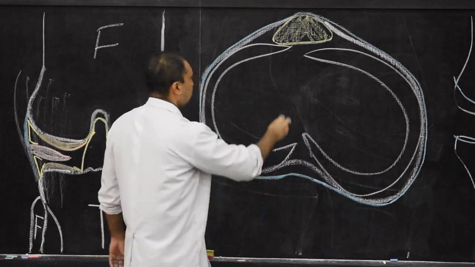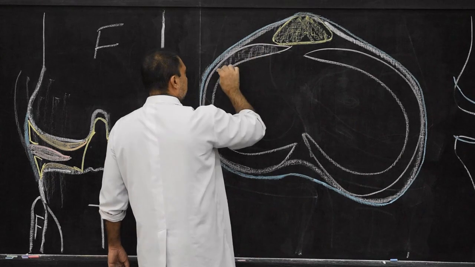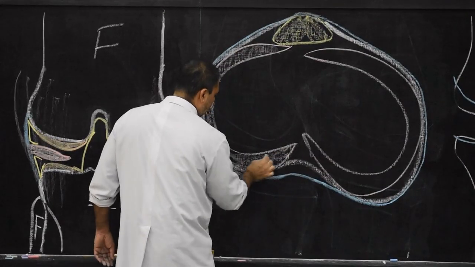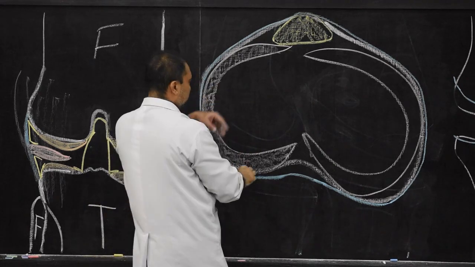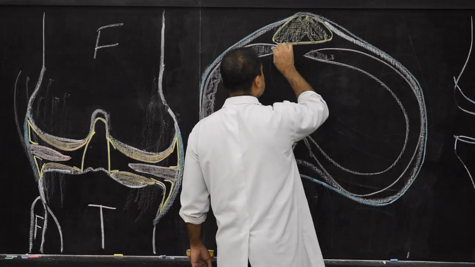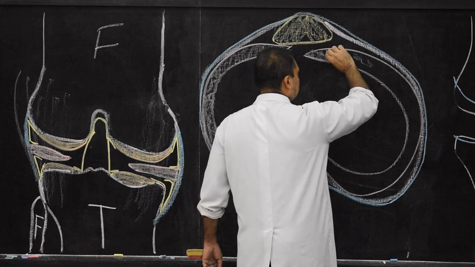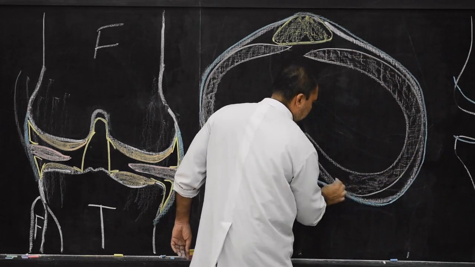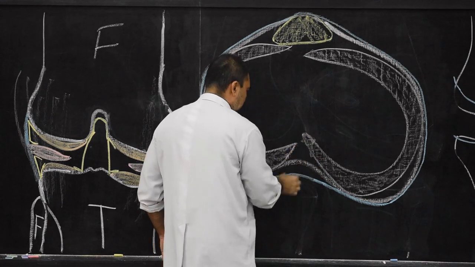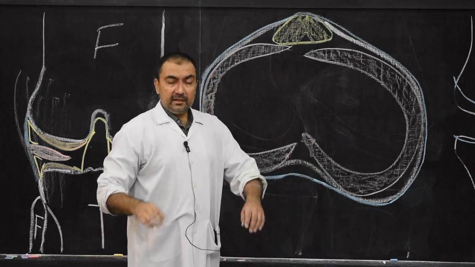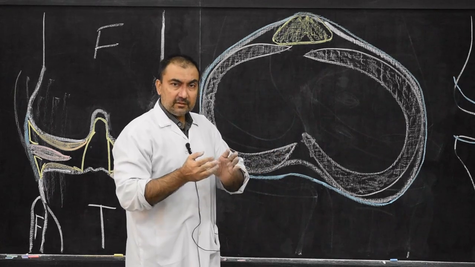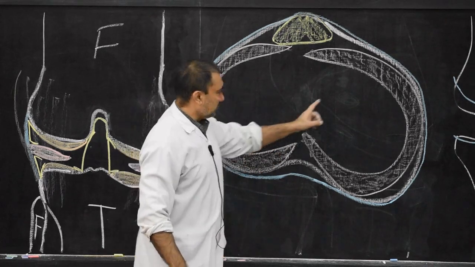The medial semilunar cartilage is ovoid in shape with more anteroposterior dimension, and the lateral semilunar cartilage is circular in shape. And as already discussed, the peripheral margins of the semilunar cartilages are attached to the capsule.